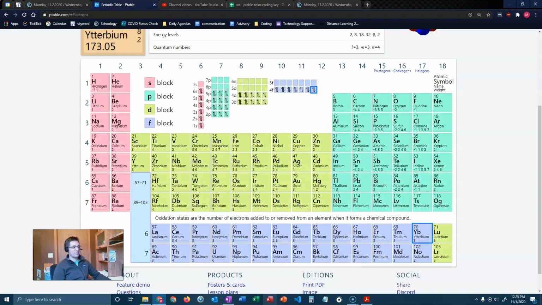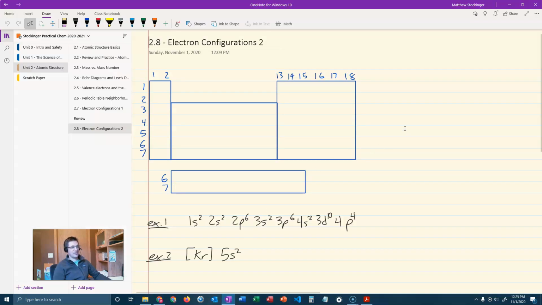One thing that this means for us is that we actually have a shortcut that we can use for electron configurations. Okay, so this is so important, you should grab your class notes and throw this information in here. This is the S block, this is the P, the D block, and the F block.